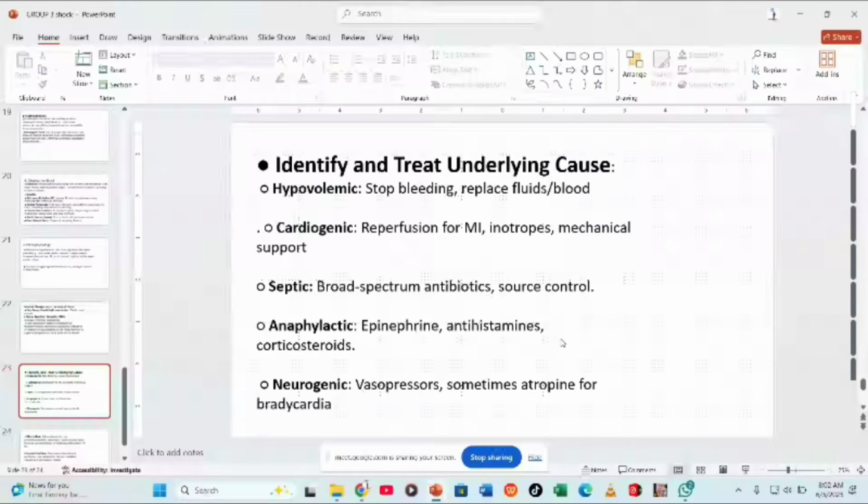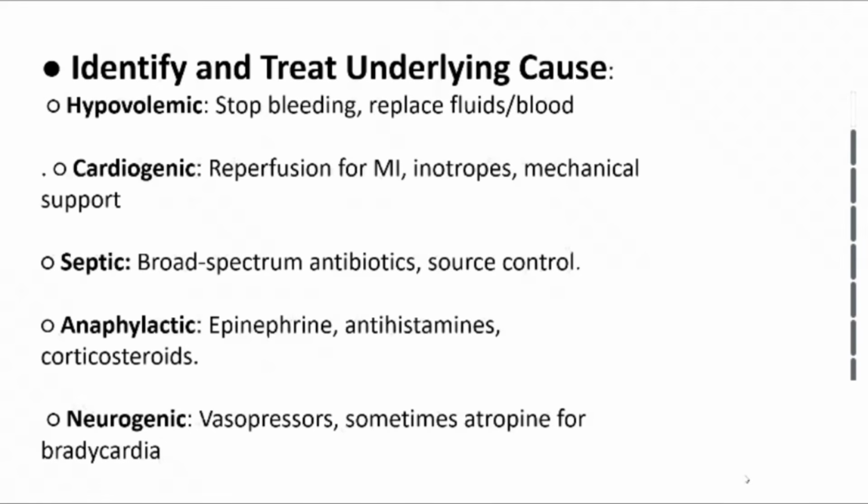For neurogenic shock, which is caused by brain trauma or spinal cord injury and disrupts the autonomic nervous system, you offer vasopressors or sometimes atropine for the bradycardia, which will increase the heart rate.